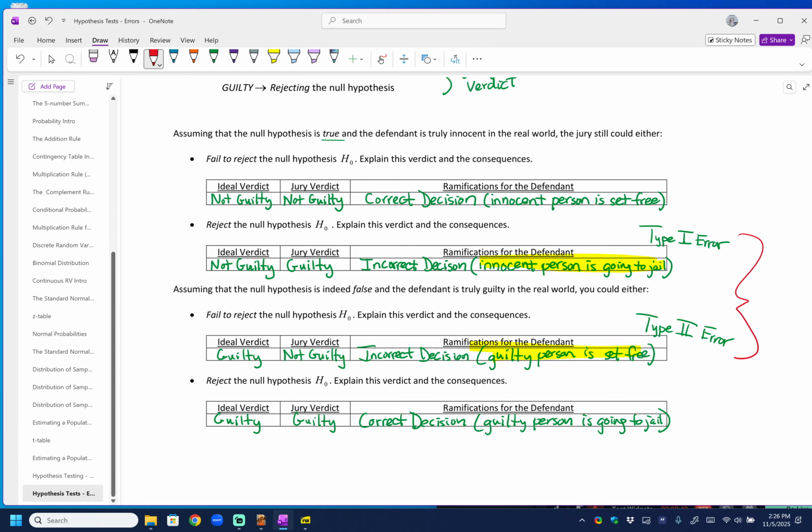I ask this question all the time in the classroom, and I get people that answer one or the other in terms of their preference. But I don't know if there's any real right answer to this. They're both terrible options. So, can you imagine a statistician trying to decide which one of these is going to go up so the other one goes down?